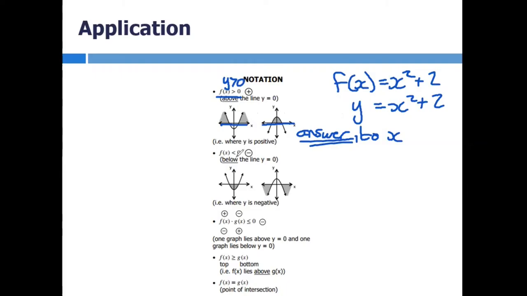Okay, then obviously f of x less than 0, that's underneath the graph. They sometimes ask the 2 graphs combined, which is a tricky one. So they've multiplied them. You know, if you multiply values and it has to give me a negative answer, less than or equal to 0, that means the 1 has to be positive and the 1 has to be a negative. So basically 1's above and 1's below. When they're comparing the graphs, they're talking about when is the one graph above or below the other. And lastly, when they're equal, that is the point of intersection.